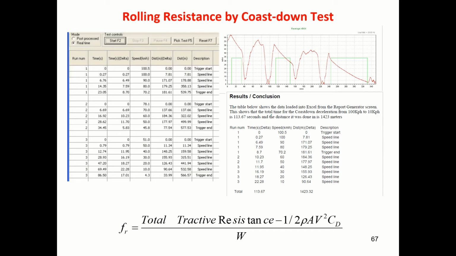This shows that the total time for the coast-down deceleration from 100 kilometers per hour to 10 kilometers per hour is 113.67 seconds, and the distance covered is 1423 meters. From this you can calculate, and after that the FR, or rolling resistance coefficient, can be determined.